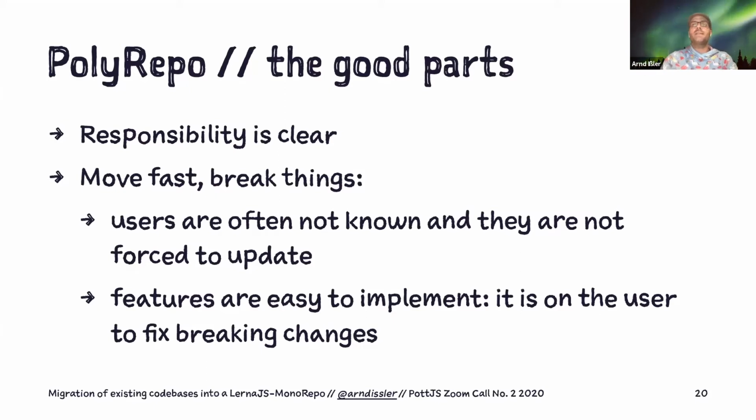It would be nice if you could have a graceful degradation of features, saying this is deprecated, please update, but you cannot force your users to update to a newer version of your package. Feature implementation is easy. Move fast, break things, don't care about stuff, because if you use SemVer and the major version number increased, then it's a breaking change, and all others are free to update or maybe not.